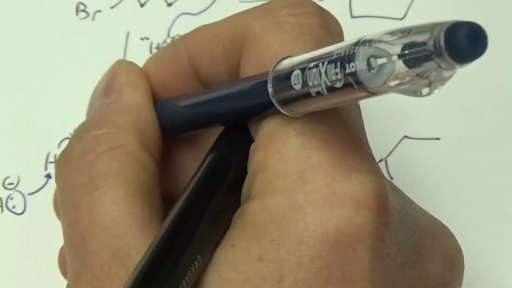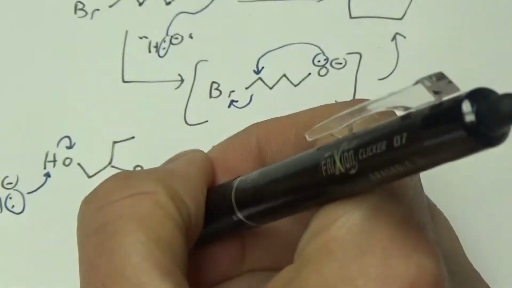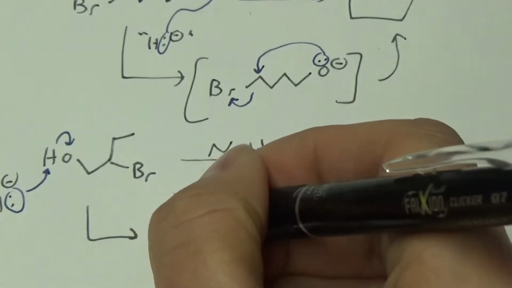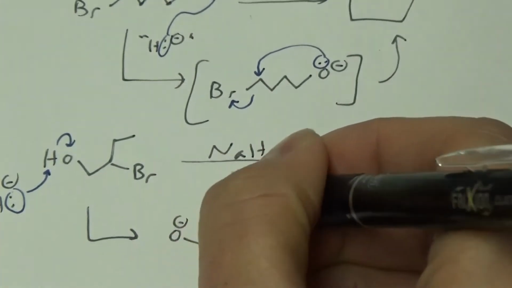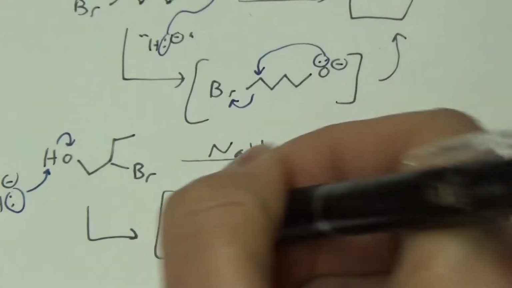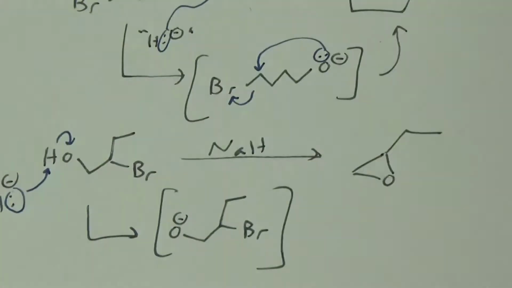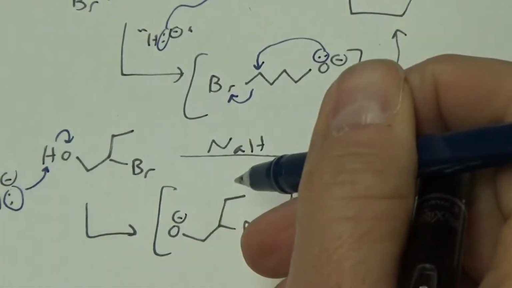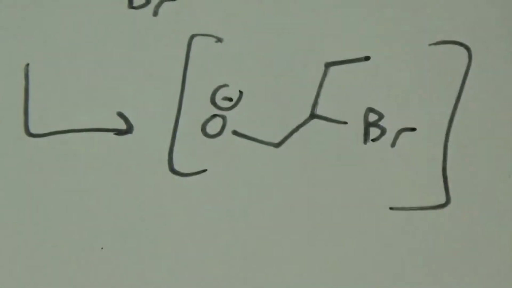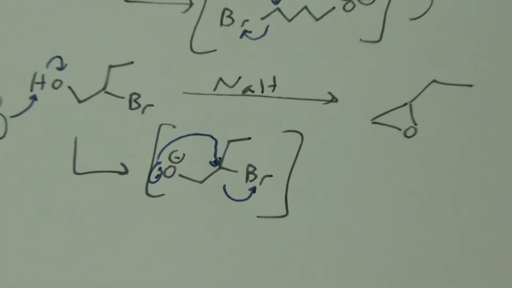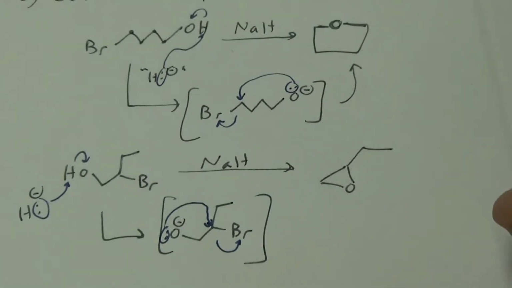Grab the proton, make the alkoxide, and then we'll just sneak in there and do that. Kicks off the Br and you make the epoxide. Okay?